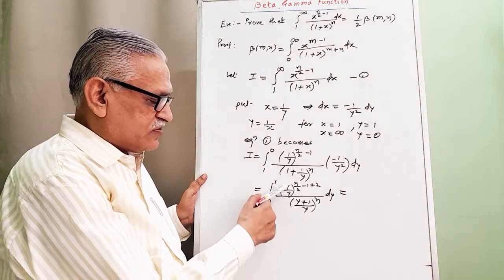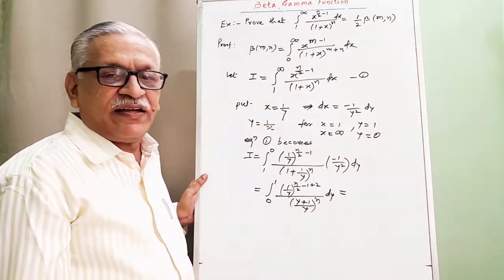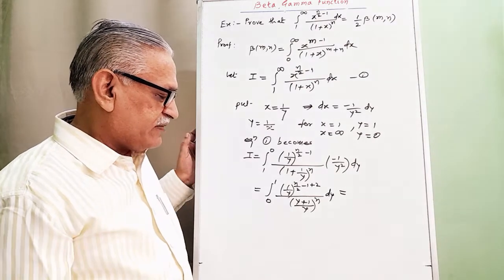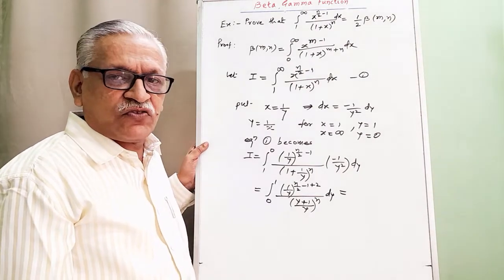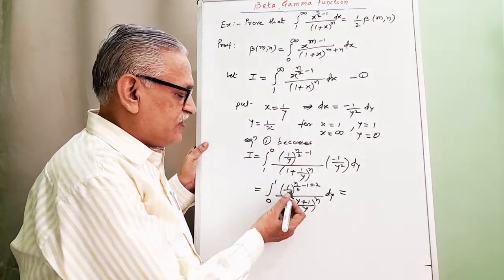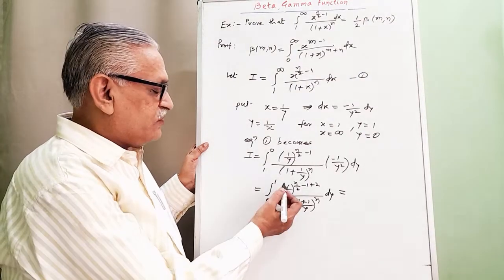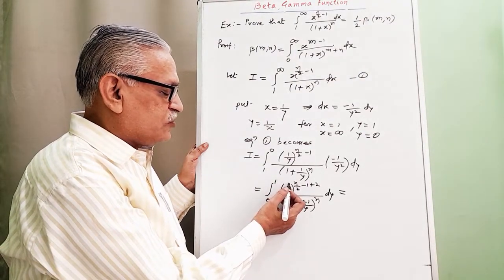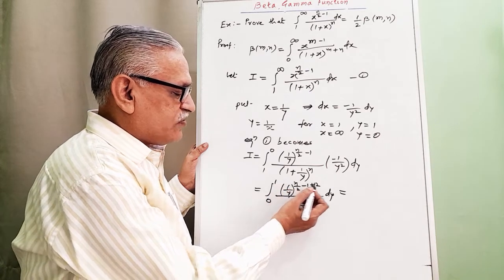Again combining these terms of 1/y and making it a power of y, we transfer it to the numerator, so it becomes y raised to minus of this term.